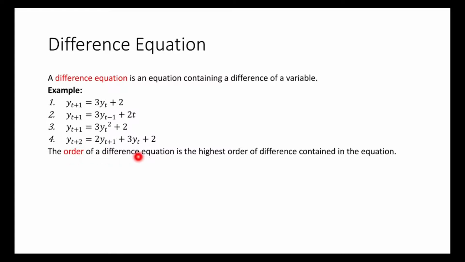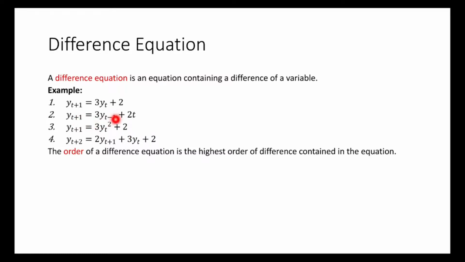What is an order? Order is the highest order of difference contained in the equation. For instance, here we have a difference between t plus 1 and t, so the difference is 1, a one step difference. In here, we have difference 2.